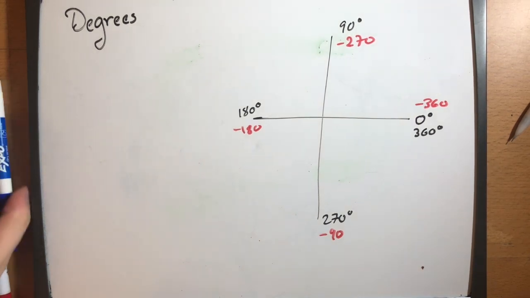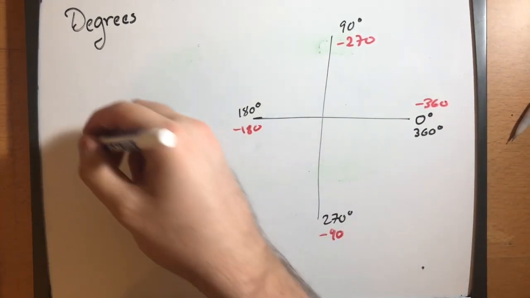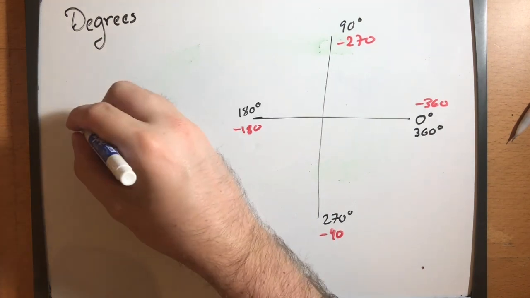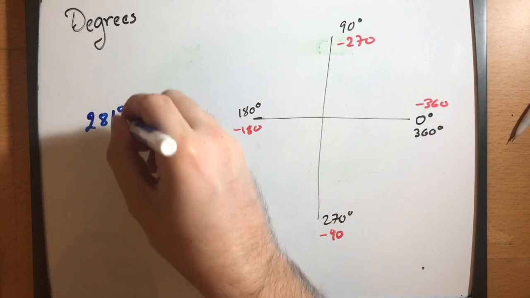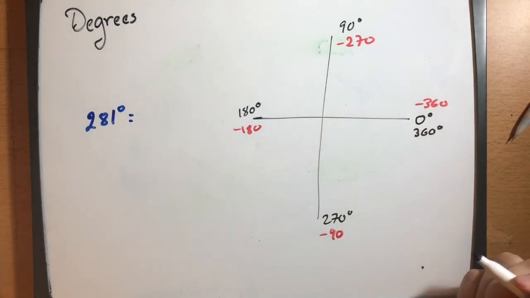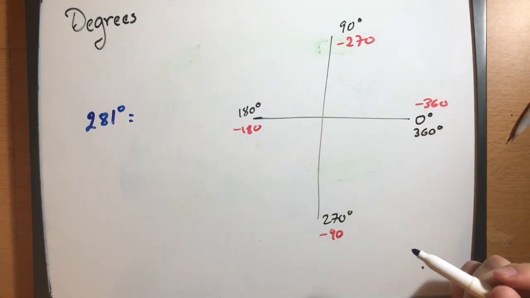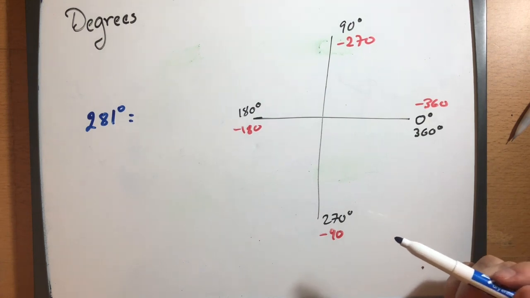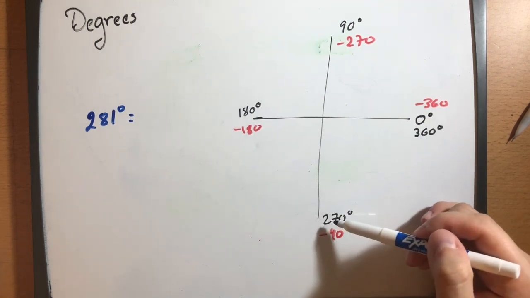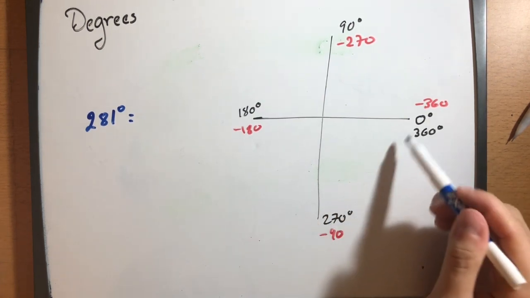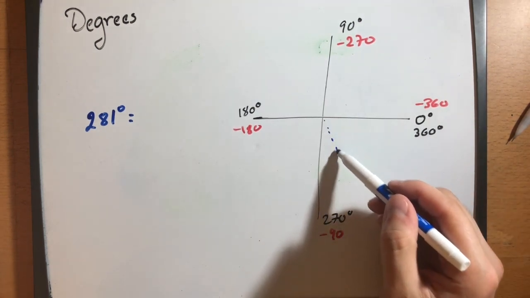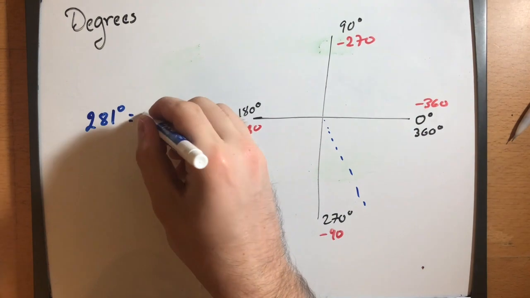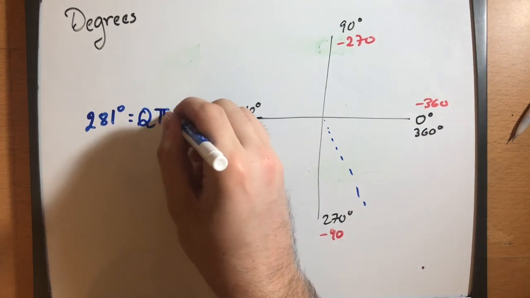So let's think about this. Let's say we have the angle 281 degrees. What quadrant would the terminal side be in? Well, 281 is an angle that's between 270 and 360, so the terminal side would have to be somewhere around here. The terminal side would be in quadrant 4.